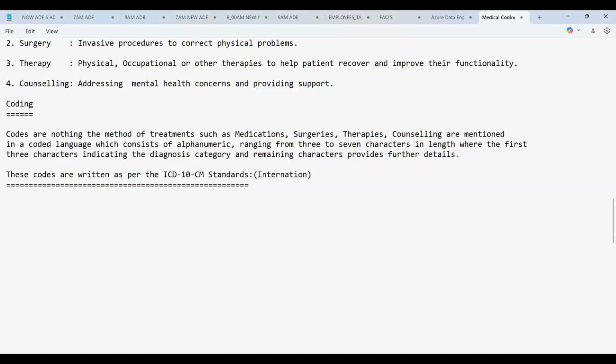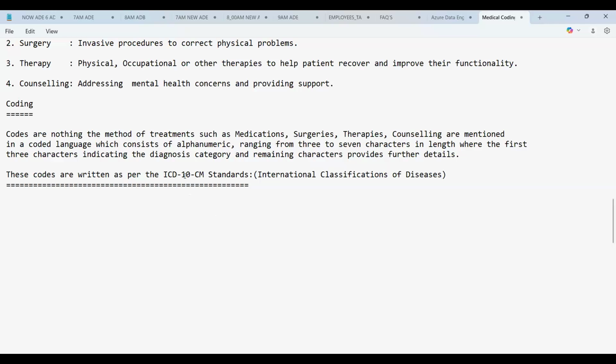International Classification of Diseases.